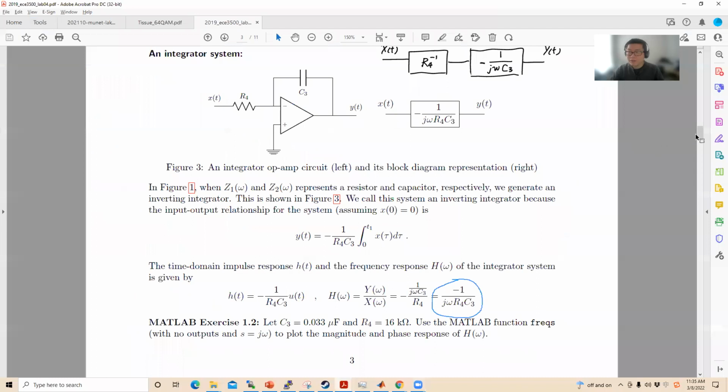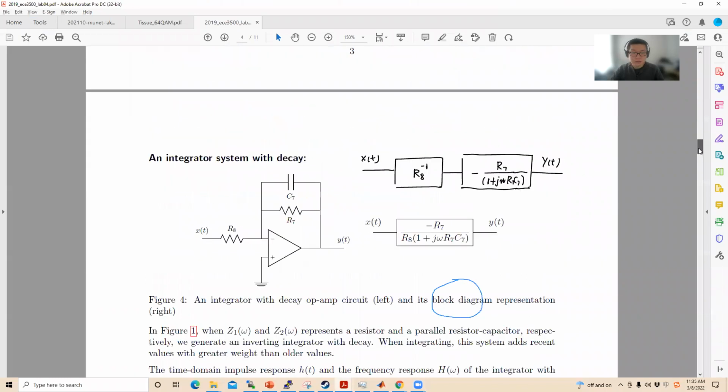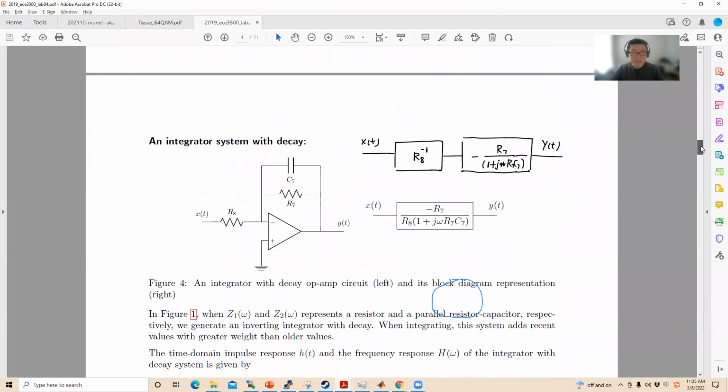Okay. Now let's look into another system. This one, we can still separate it into two parts. One is the resistor, and the second is this part. It contains one capacitor and one resistor.